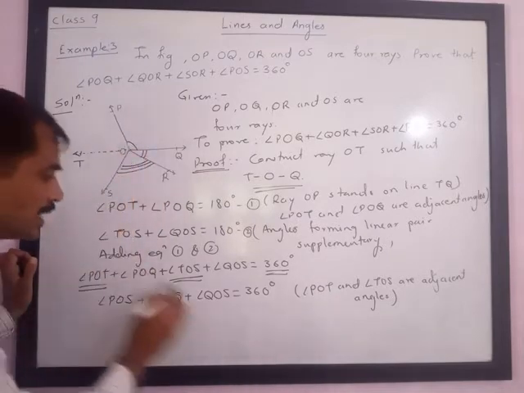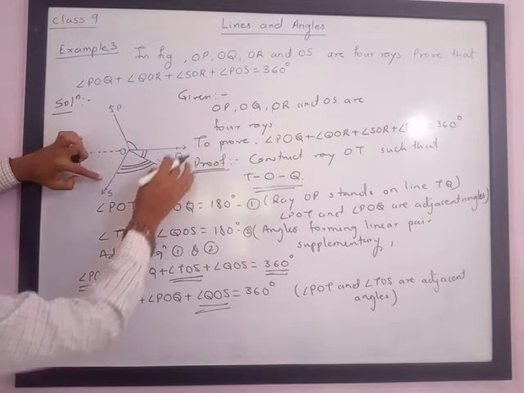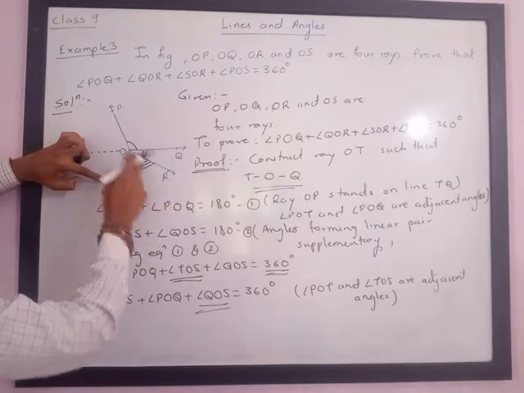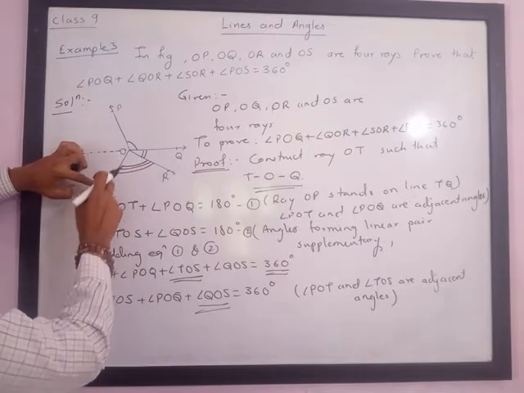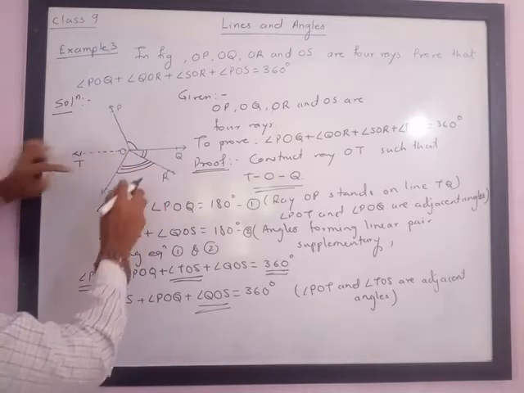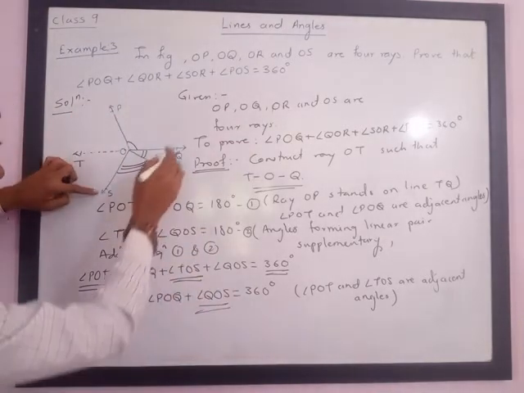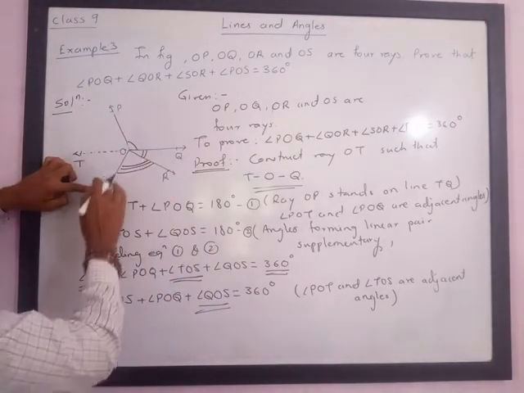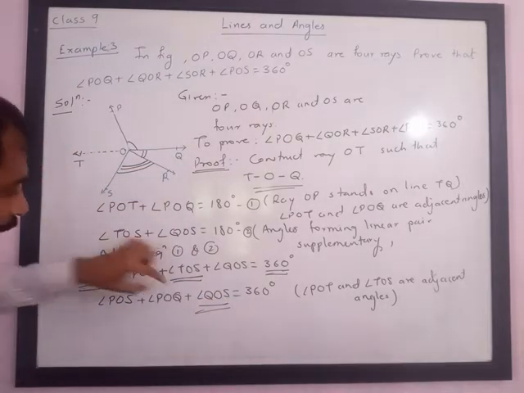Angle QOS, this angle, can be split into angle QOR and angle ROS, or angle SOR. Since these two are adjacent angles, this QOS can be split into angle QOR and SOR. So again I am splitting this, and these two I am writing as they are.